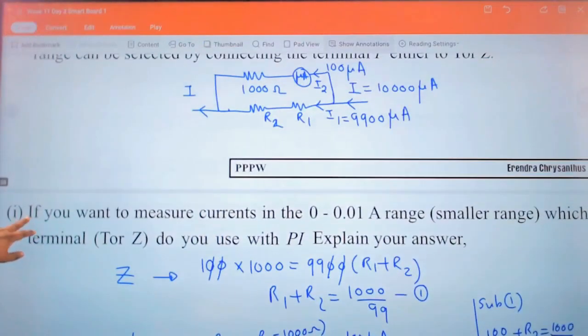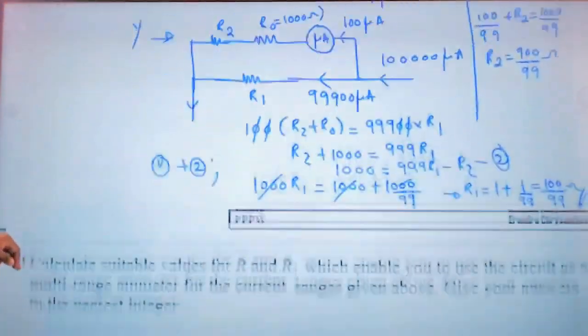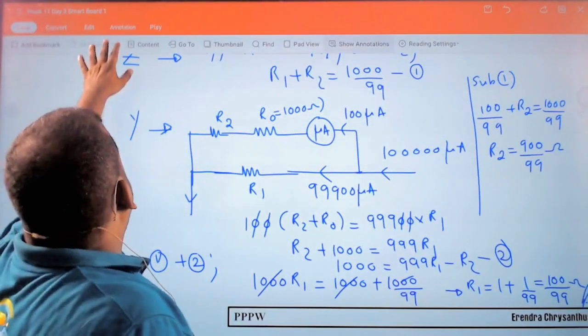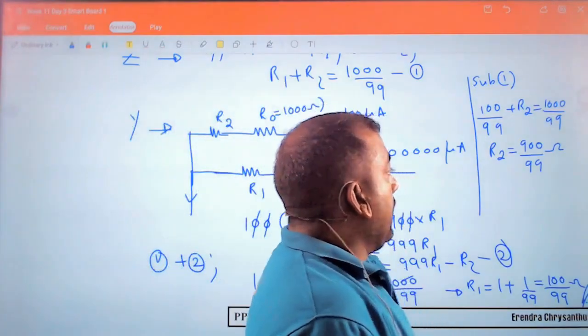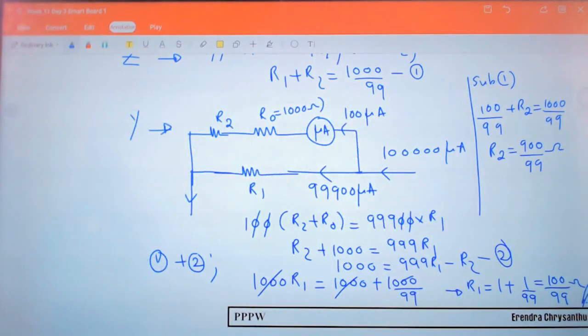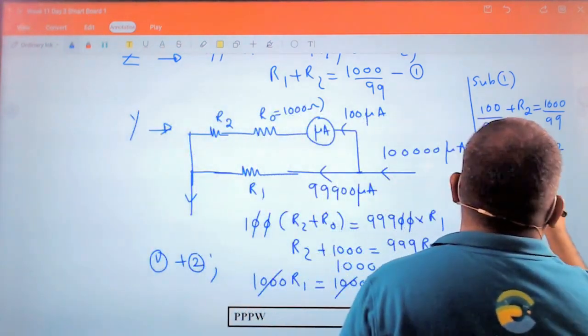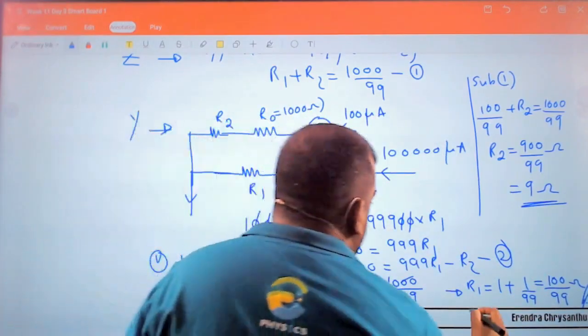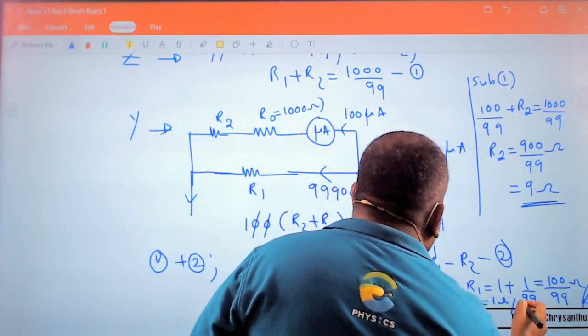They are asking you to find to the nearest integer, whole value. 900 divided by 99 is about 9 ohm. 100 divided by 99 will be about 1 ohm.